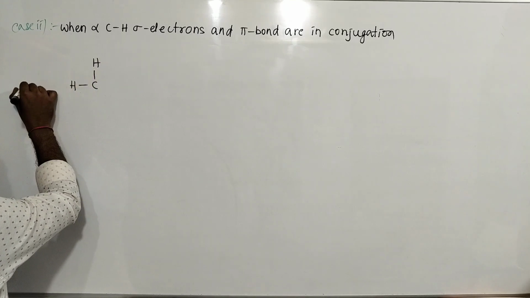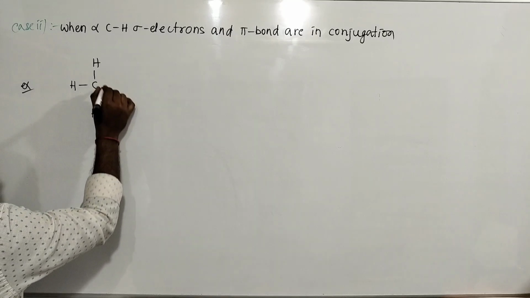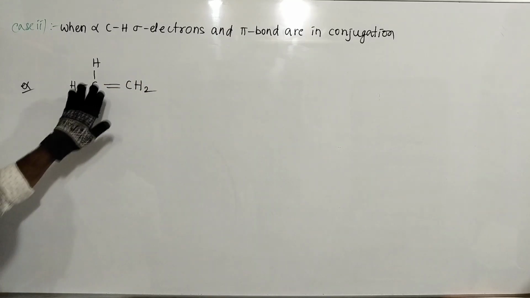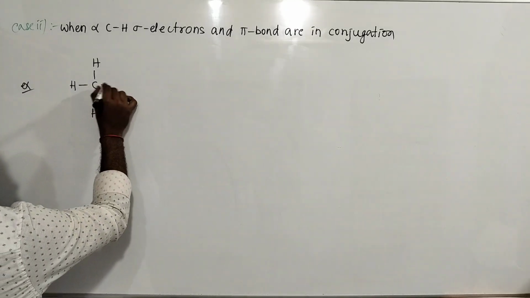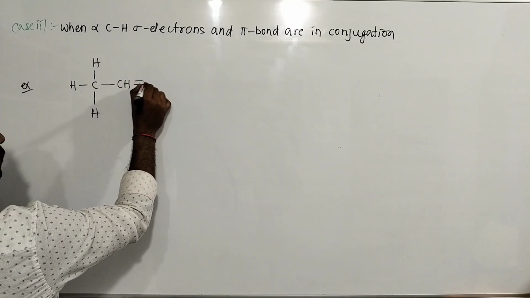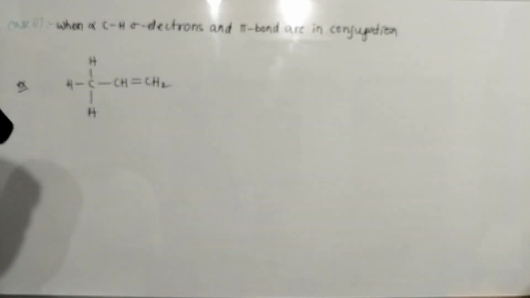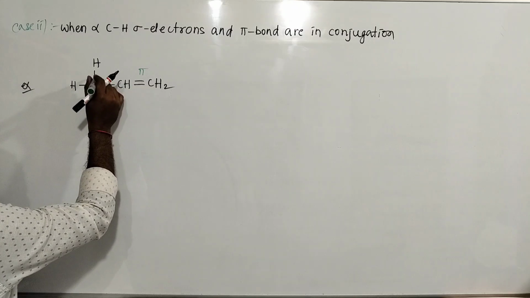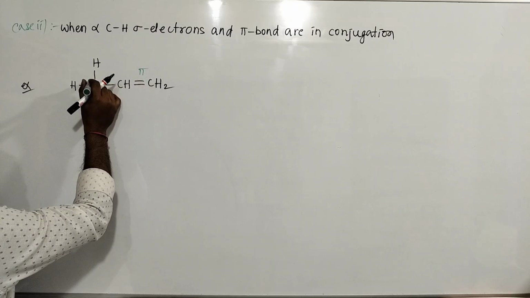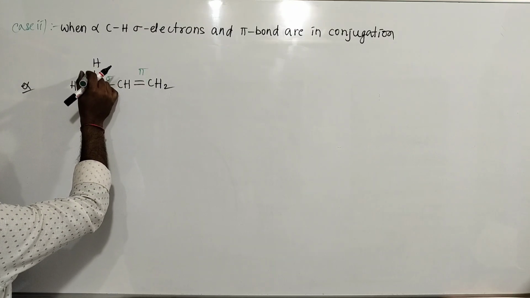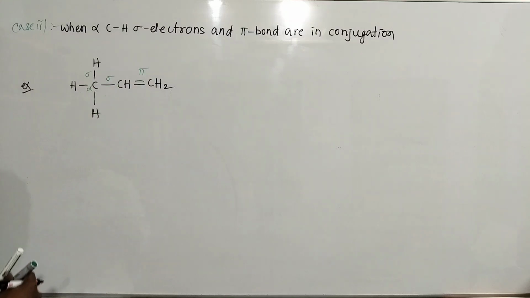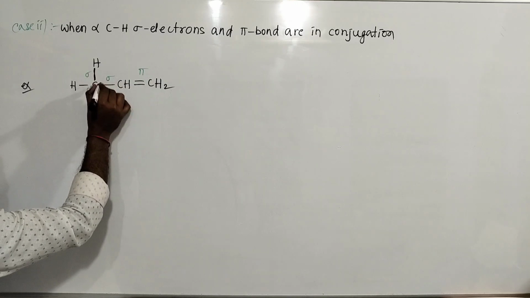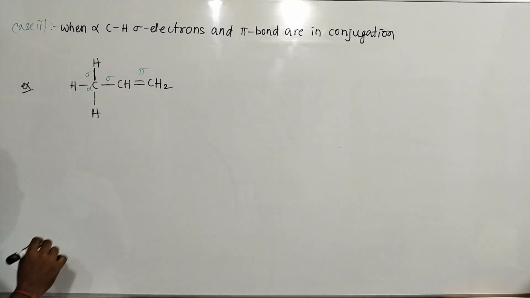Example, see here: this is a pi bond, this is alpha carbon CH sigma, this is also sigma. A conjugative combination: alpha carbon CH sigma, sigma, pi conjugation.